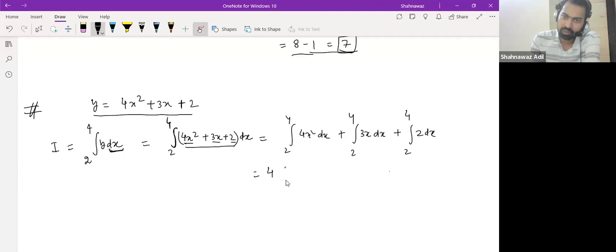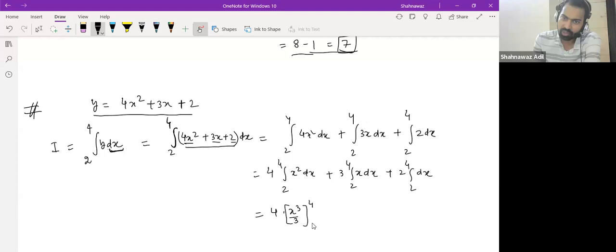So 4 is taken outside and this is x square dx, right? And then 3 is taken outside and this is x dx. And then 2 is taken outside and this is the integral from 2 to 4 of dx. Right. So then how much would this be? Integral of x square is x cube by 3, and we have to put the upper and lower limit also.